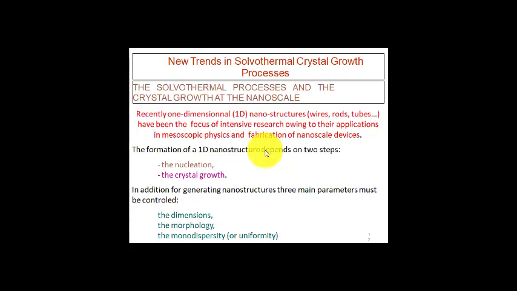There can be so many morphologies, like wires, rods, tubes, discs, cones, balls, spheres. So there can be different morphologies of the nanostructured materials which can be synthesized by using solvothermal or hydrothermal process.